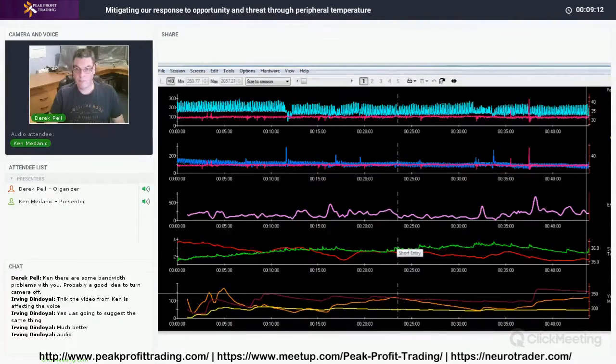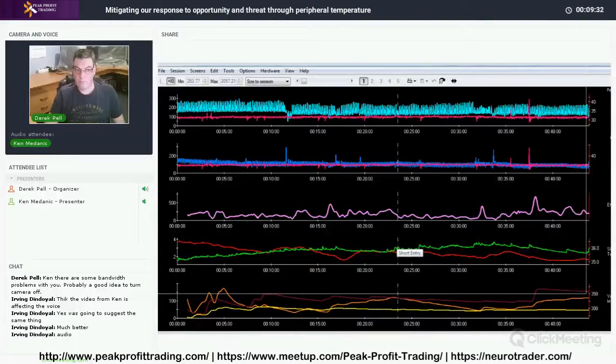Whilst it's heading for your stop loss, try to maintain a sense of calm so that you don't get riled up so much that it takes you even longer to get into a peak state after you've been stopped out.